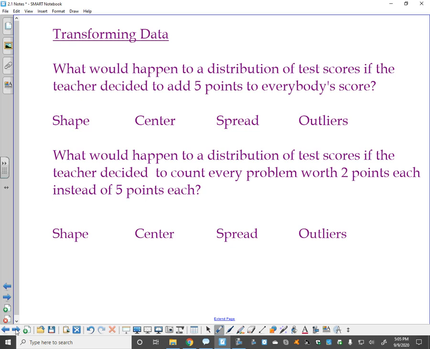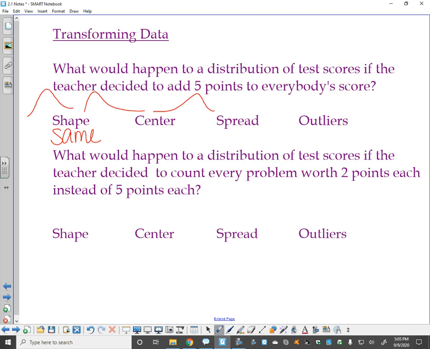The shape is not going to change. So if my data is uniformly distributed, or if it's right skewed, or if it's left skewed, it doesn't matter. If I add 5 to everybody's score, everything's just going to shift up 5. So the shape stays the same. Adding 5 does not change the shape. Okay?